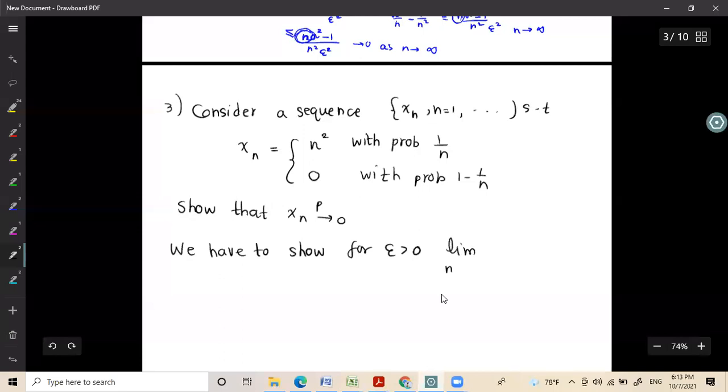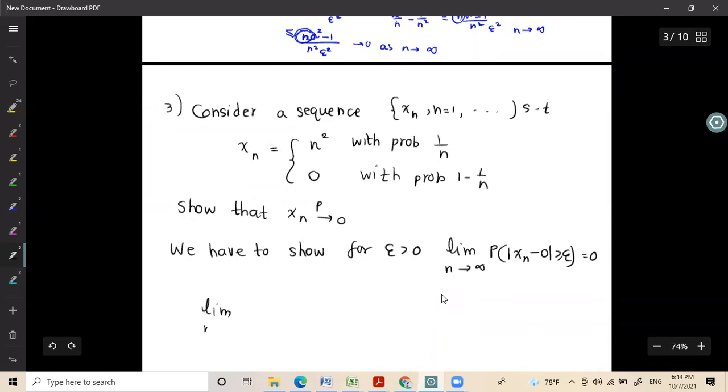The limit n goes to infinity, probability xn minus, now you see 0 here, greater than or equal to epsilon goes to 0. So that will be limit n goes to infinity, probability. Since you have again xn minus 0, you can simply write xn greater than or equal to epsilon, right?